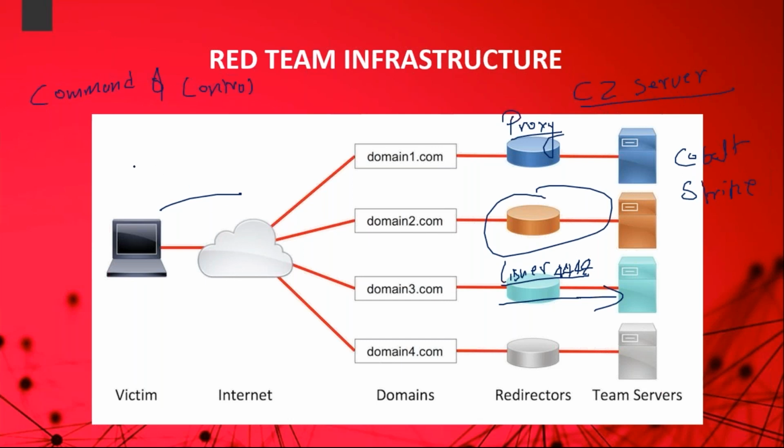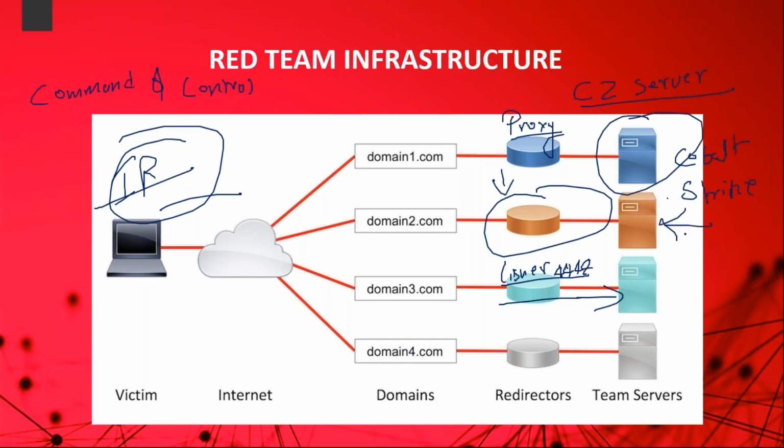If any incident response team starts working over here, what will happen? They will never reach your team servers. That's why we are using proxies in between. They will change your IPs and work as a proxy. All the things that your incident response team sends will be stopped here.